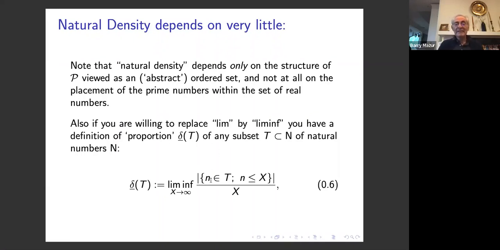That is, say, the number of elements in your set T less than or equal to X divided by the number of elements less than or equal to X, which is X, if we're letting X range through positive integers moving to infinity.